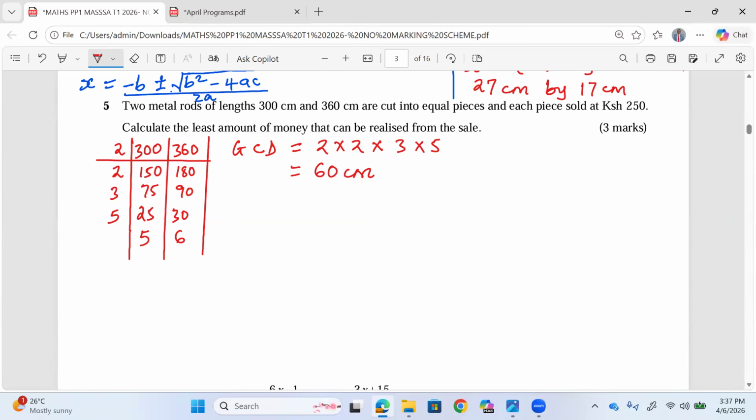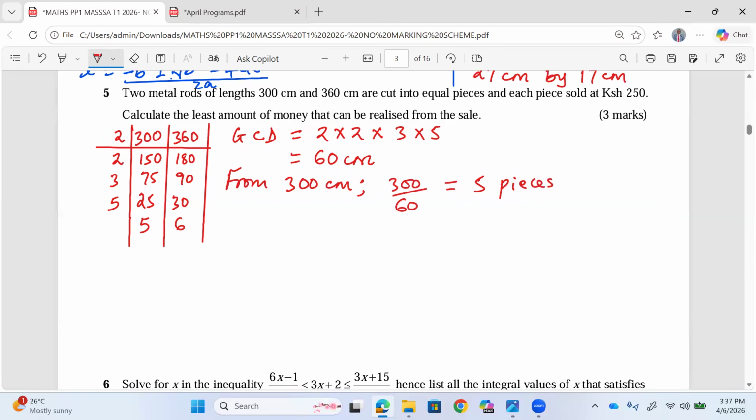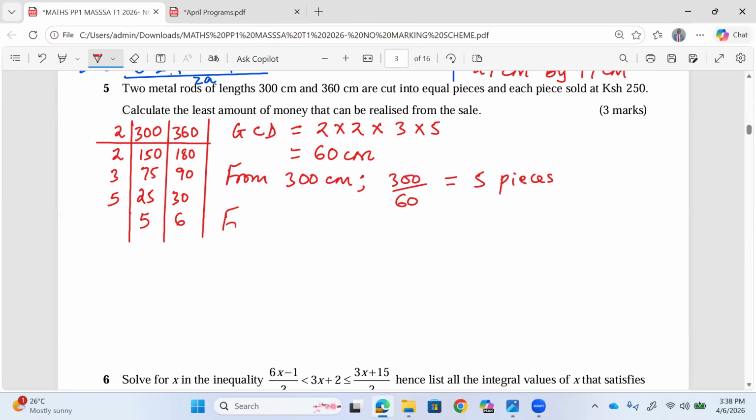So from 300 centimeters, it shall be 300 divided by the size of each piece, and we get 5 pieces. From the other rod, which is 360 centimeters long, we get 360 out of 60, which is 6 pieces.